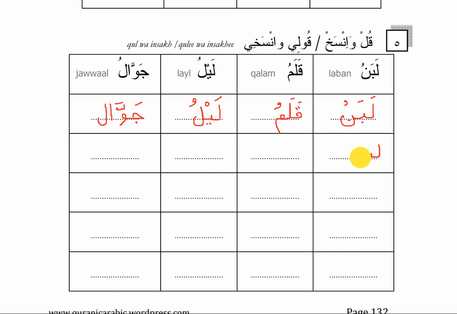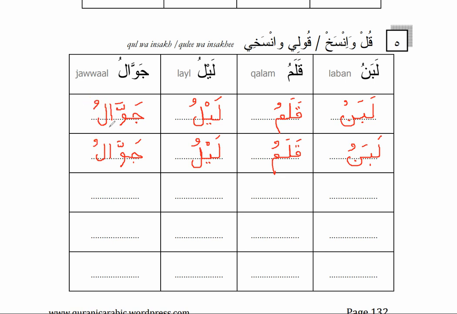Lam, ba, noon, labanu. Then qaf, lam, meem, qalamu. Lam, ya, lam, laylu. Then jaw. This is waw with shadda. Jawalu.